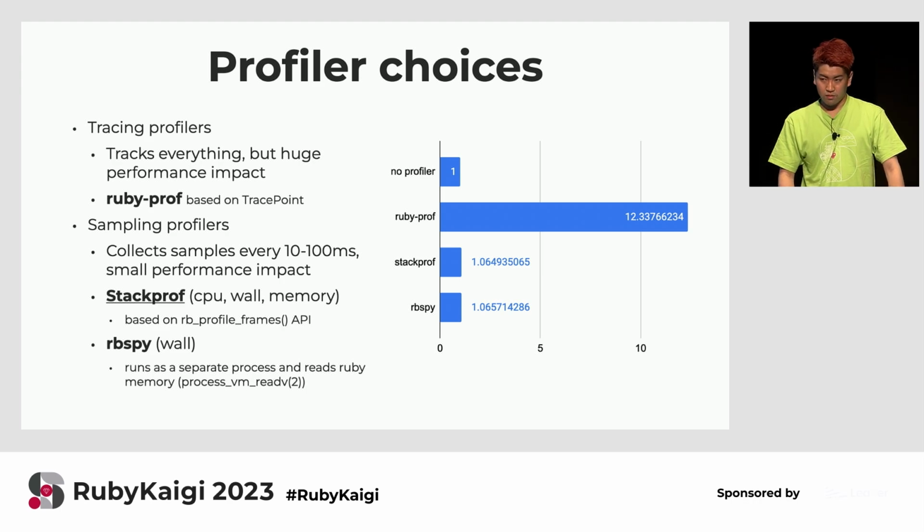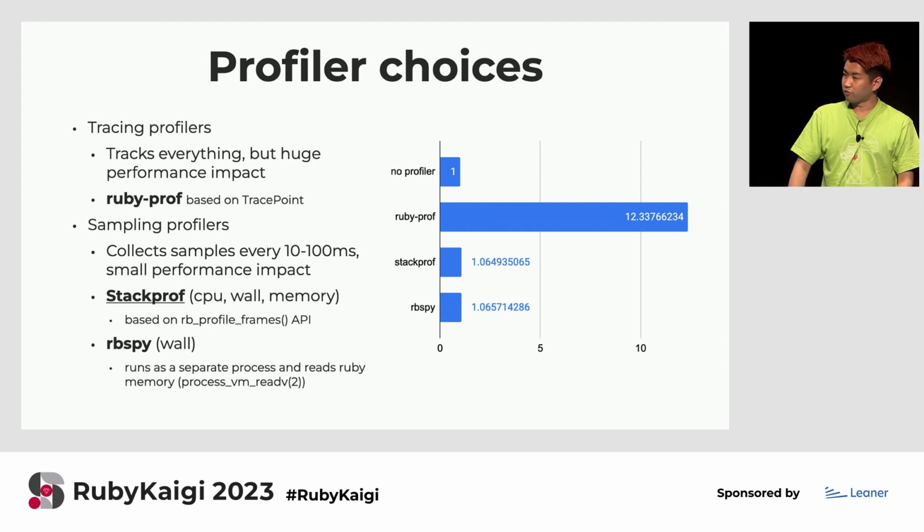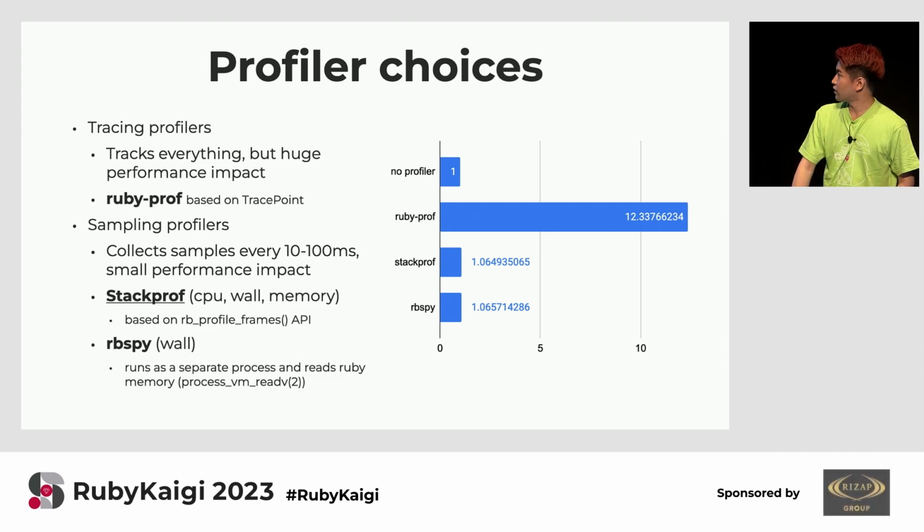I'm not saying that they're bad. Big performance impact isn't necessarily bad. Sometimes a really precise profile is needed. RubyProf is one choice. It's based on TracePoint, but in our case, we're seeing like 5 to 10 times slowdown.